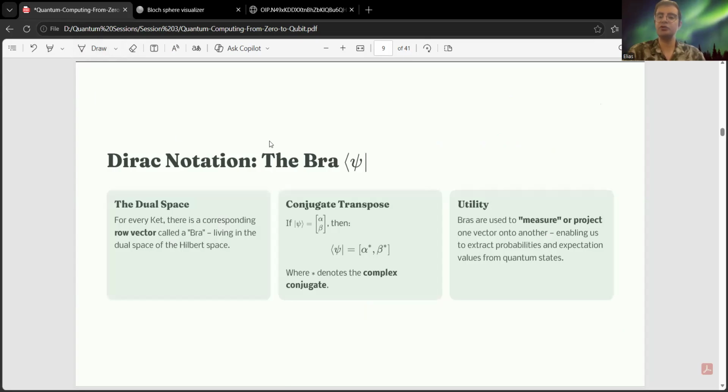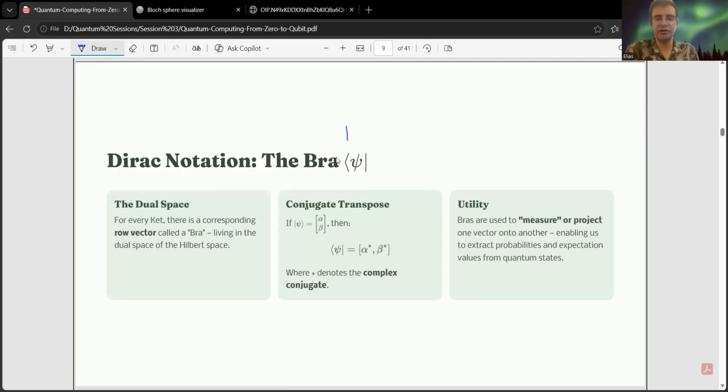And now we can have a duality or dual space. Instead of the ket that we just saw in the previous slide, this time we are dealing with the bra. The way the bra works is that it is the transpose and conjugate of the ket. Let me make an example.